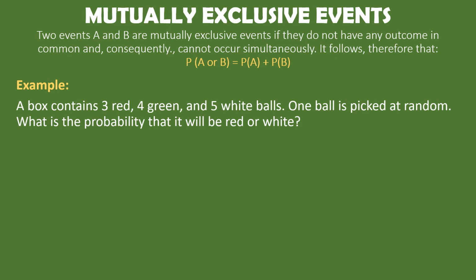Another kind of probability is mutually exclusive events. What does this mean? When we say mutually exclusive events, the two events cannot happen at the same time.